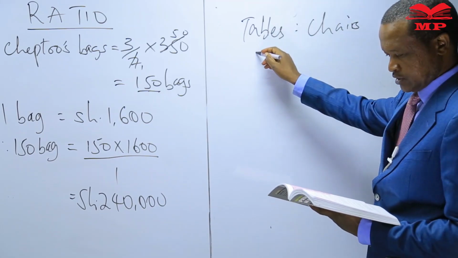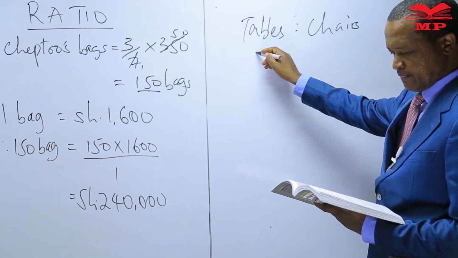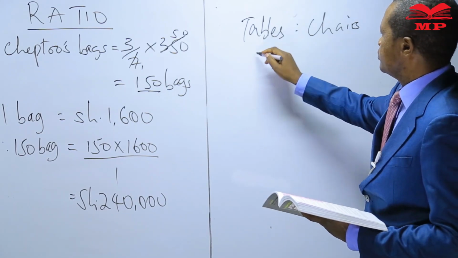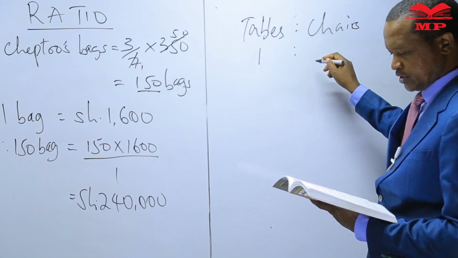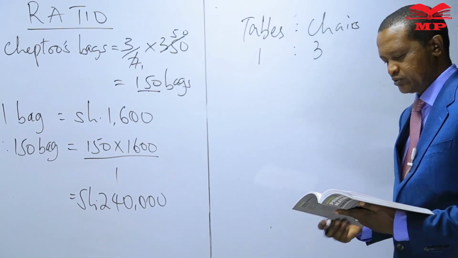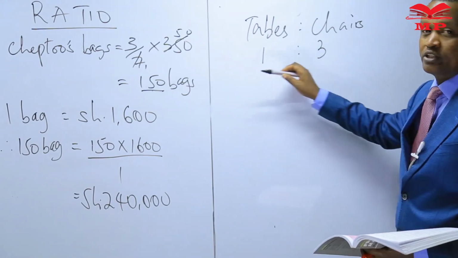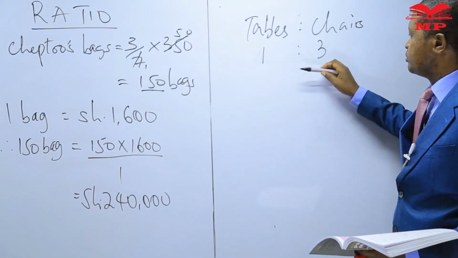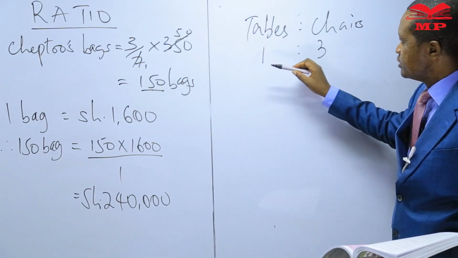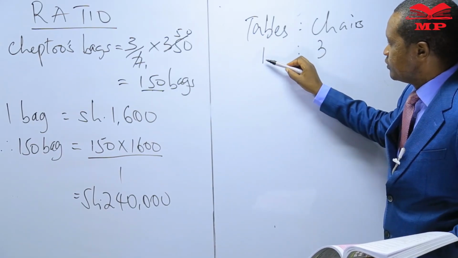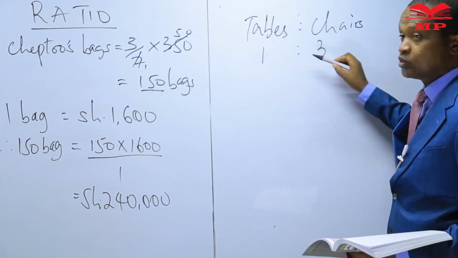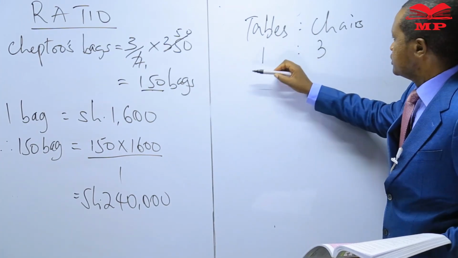Tables are represented by 1 table to how many chairs? 3 chairs. That is the ratio. This is a relationship between tables and chairs, such that the ratio is 1 to 3.